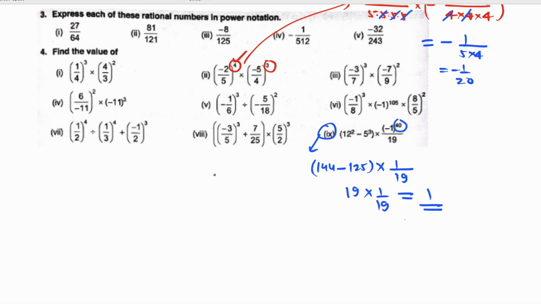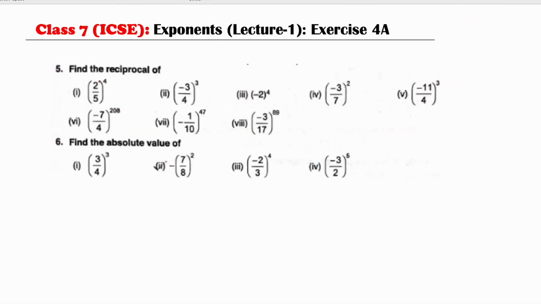The answer is 1. Now see the question is, find the reciprocal. Suppose we solve this. Reciprocal means we have to reverse it. First we write this, take the minus sign outside. So this becomes 3 to the power 3 by 4 to the power 3, and we take the reciprocal.